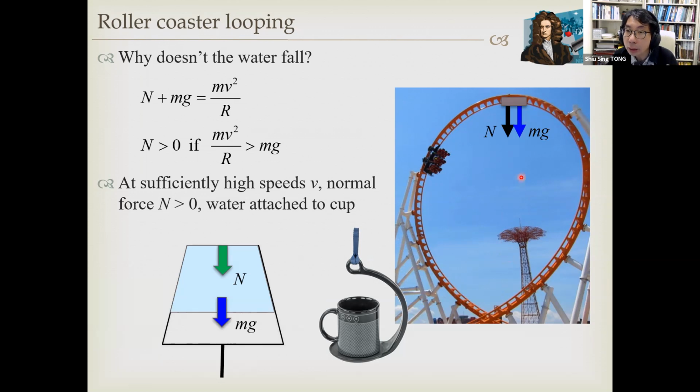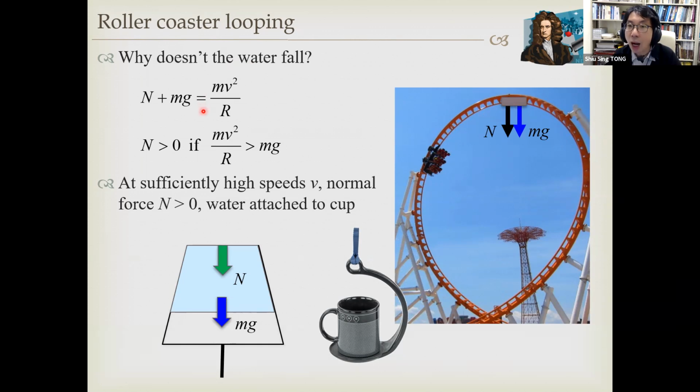Now the trick is due to the normal force. There is a normal force acting on your body by the seat. The normal force is still there, and the normal force keeps you attached to the seat without letting you fall down. And the normal force is sufficiently large to keep you on the seat when the roller coaster is passing through the top of the loop at a sufficiently high velocity.